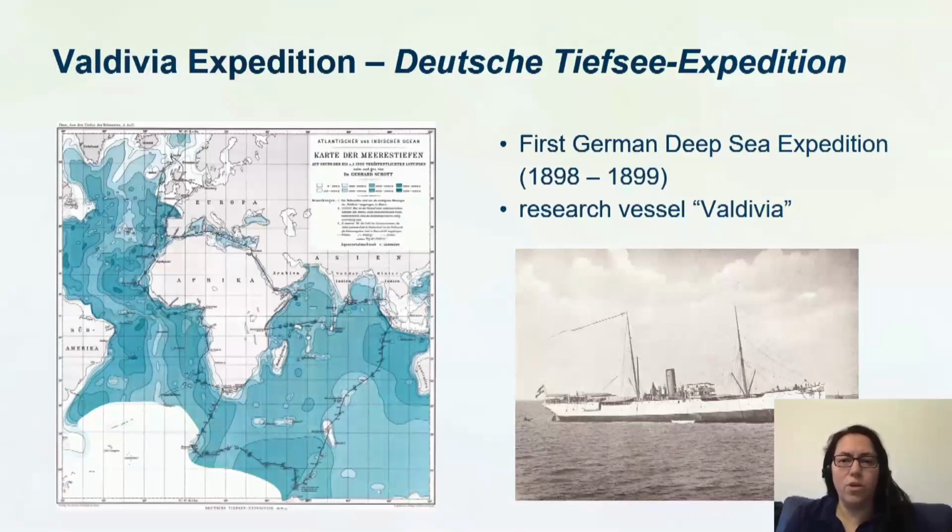Let's have a closer look at an example of a historic expedition. In this case, the first German deep sea expedition, known as the Valdivia expedition that took place between 1898 and 1899. It is named after the research vessel with the same name that you can see here on the photograph.